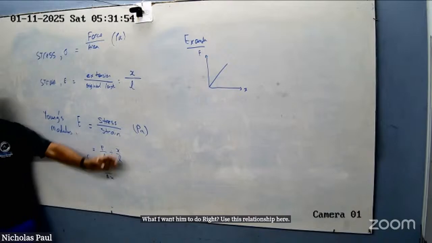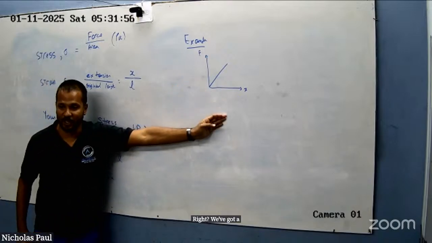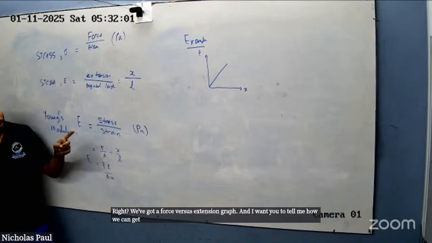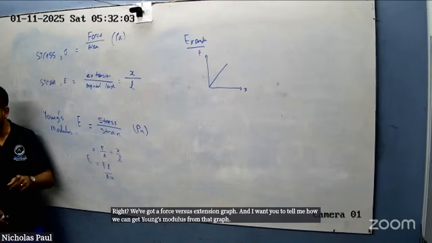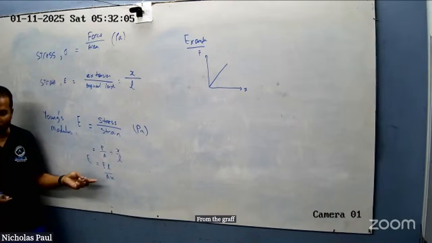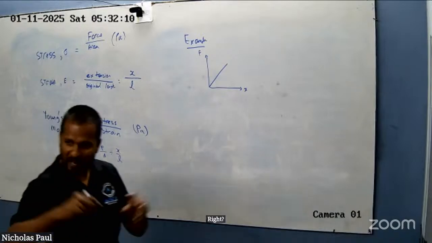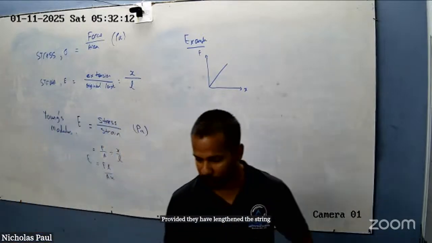We plot a force versus extension graph, and I want you to tell me how we could get Young's modulus from that graph, provided you have the length of the wire and the cross-sectional area.